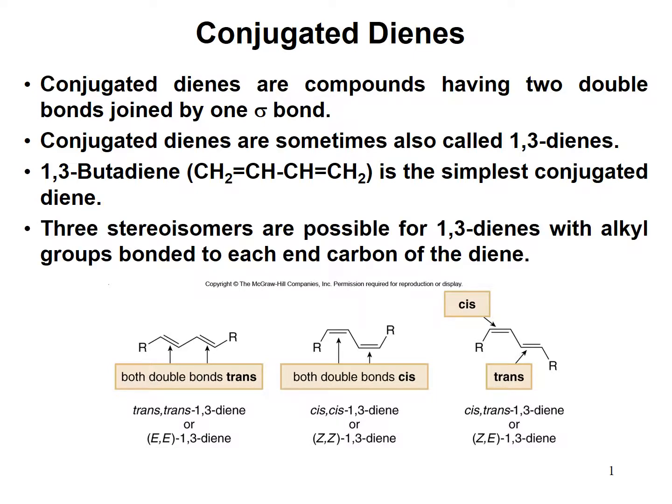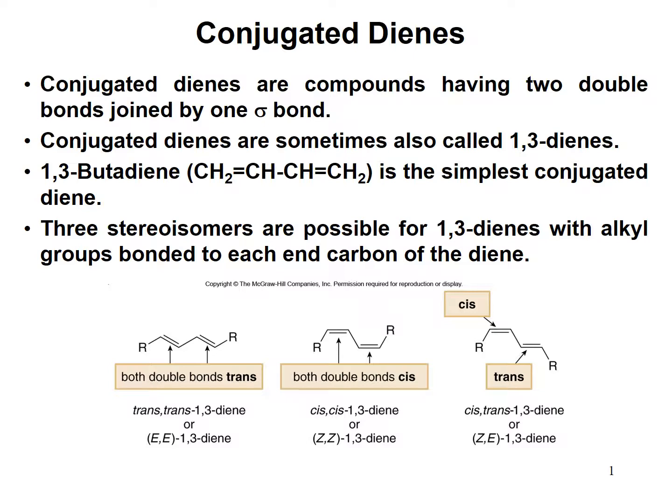There are 3 stereoisomers possible for 1,3-dienes with alkyl groups bonded to each end of the carbon. Take, for example, 2,4-hexadiene.